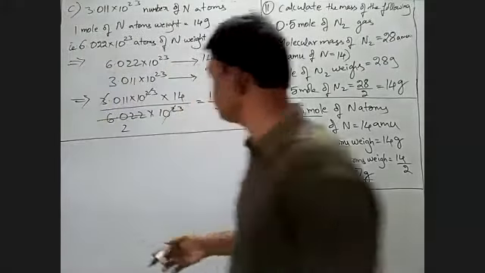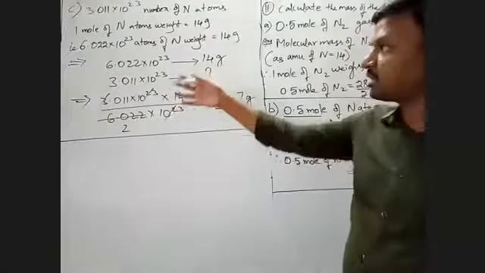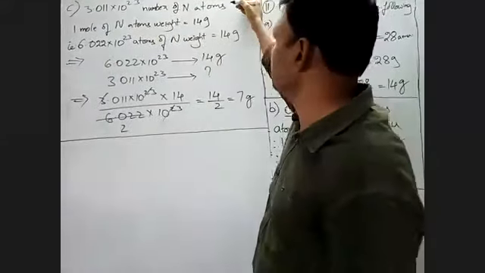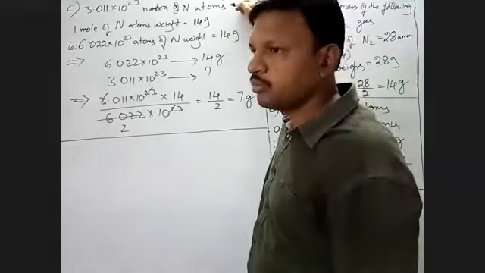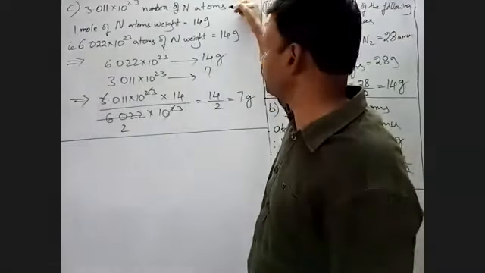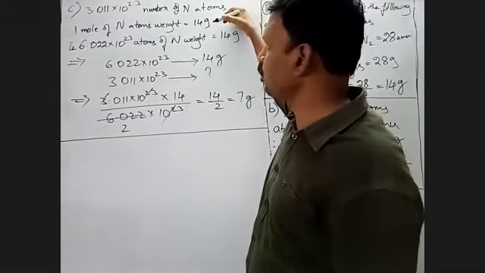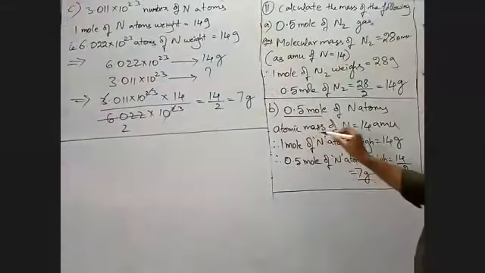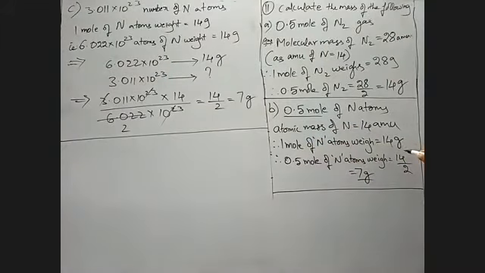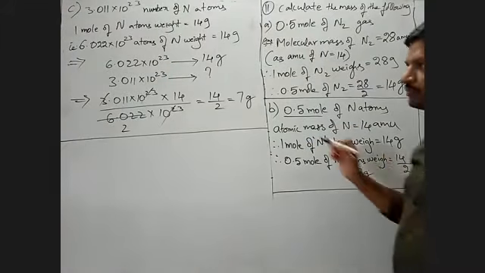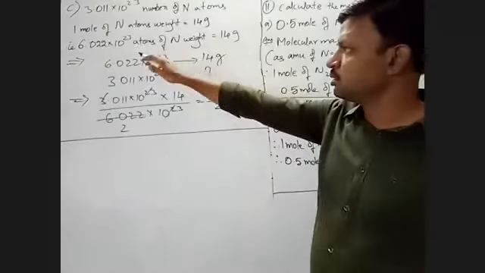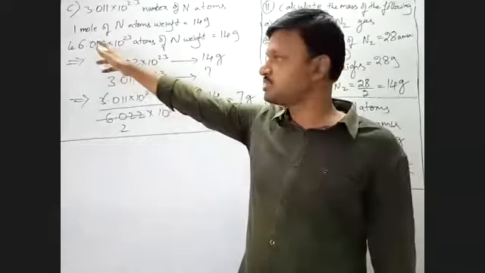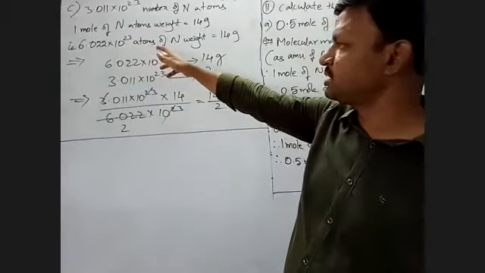Just if I write directly, you may not understand. We need the weight of this many nitrogen atoms. So before that, we get the weight of 1 mole of nitrogen atoms, which is 14 grams. 1 mole of nitrogen atoms means 6.022 into 10 power 23 atoms.